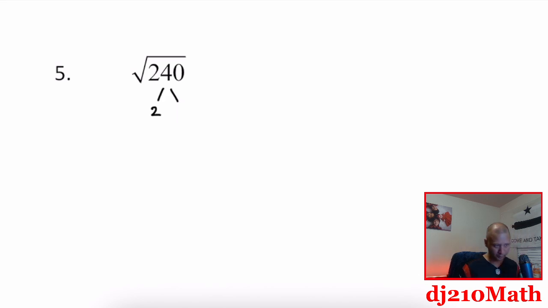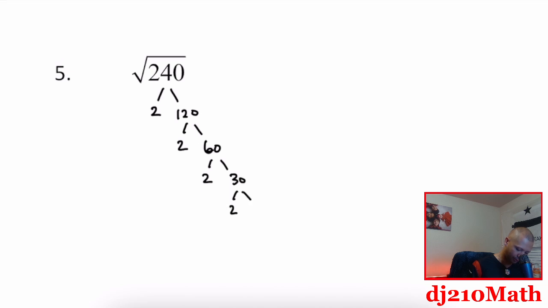2. Always start with 2 or 3. Half of 240 is 120. 2 again, because it's an even number. 60. 2 again. 30. 2 again. 15. 3 and 5.